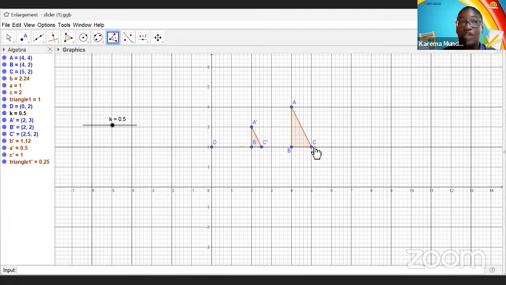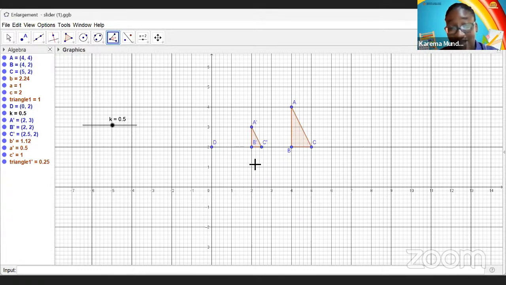Are they being multiplied by 2 or are they being halved or multiplied by half? You tell me. Multiplied by 2. You're sure? Are you talking about the smaller ones? Remember the object is the original, so we're always working from our object when we talk about the scale factor.